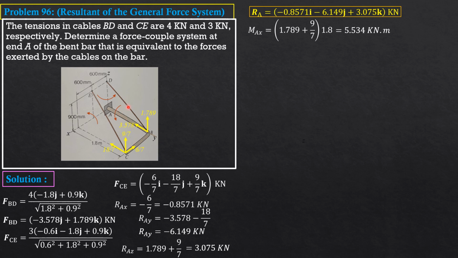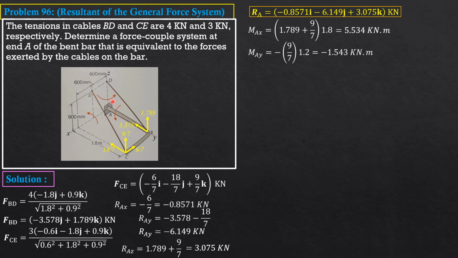And since its sense is opposite to the positive sense of moment, 9 over 7 times moment arm 1.2, 0.6 plus 0.6, 1.2. So moment about AY is negative 9 over 7 times 1.2, and it is negative 1.543 kilonewton meter.